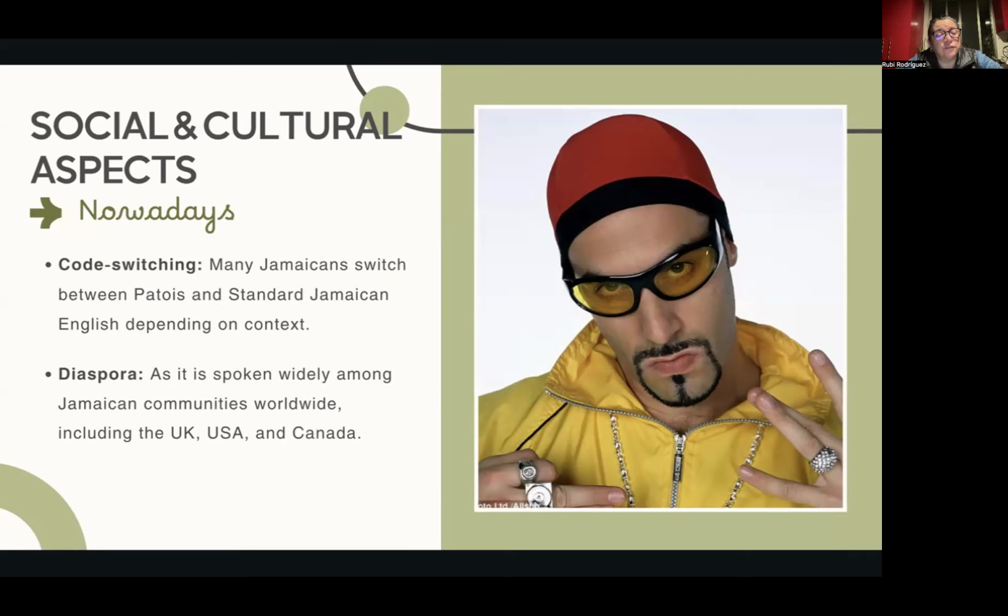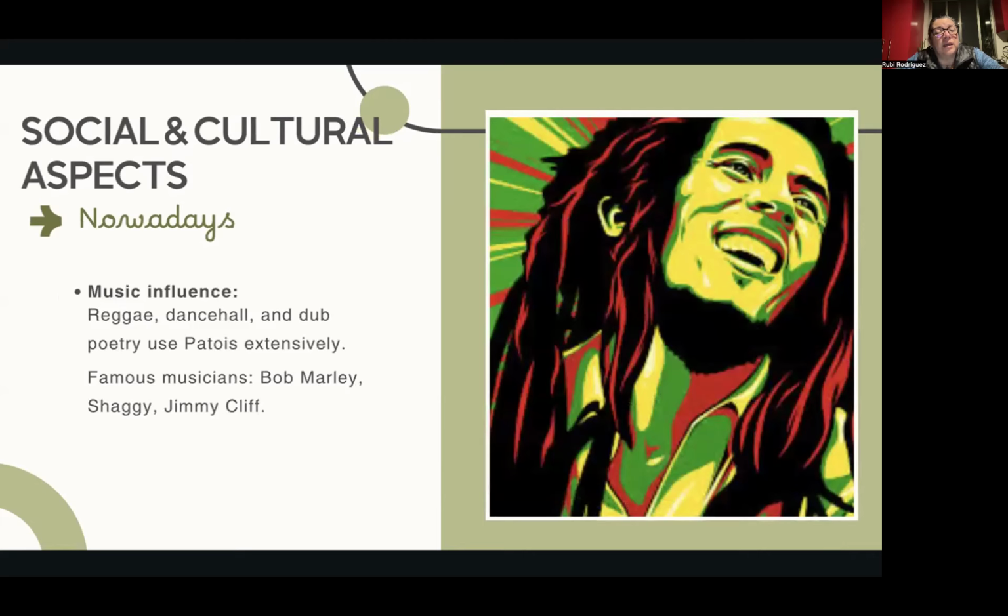And the diaspora also, as it is spoken widely among Jamaican communities worldwide, including the UK, USA, and Canada. And also the music influence. We can remember reggae, dancehall, and poetry. They use Patois extensively. Of course, the famous musicians from this country include Bob Marley, Shaggy, and Jimmy Cliff.